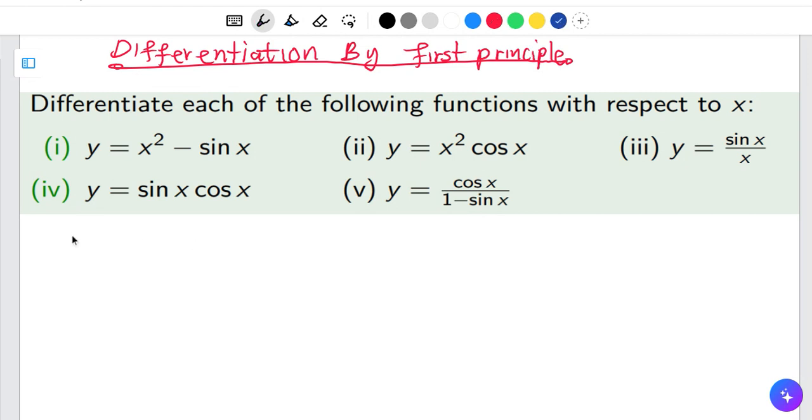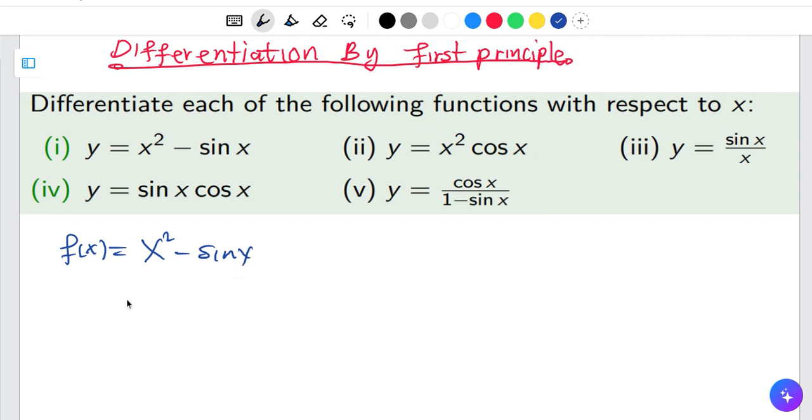we can imagine that this is f of x, which is equal to x squared minus sine x. Let's write it nicely: x squared minus sine x.